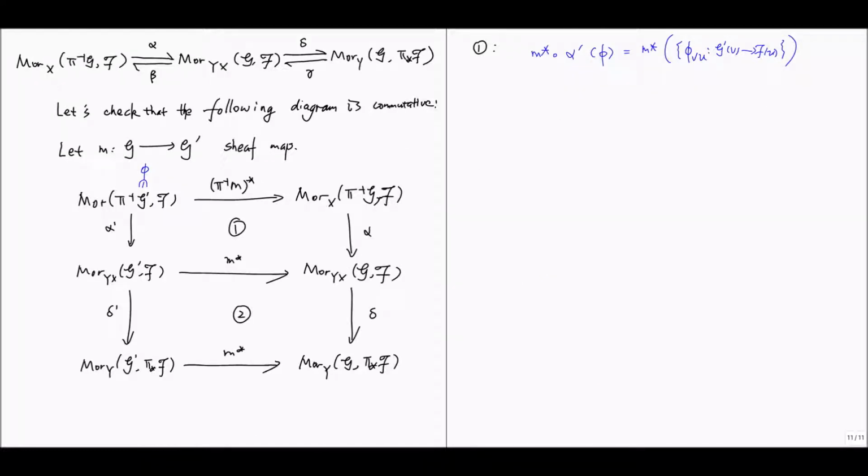For simplicity, let's just write psi sub vu from G prime V to F of U. And the M star of this is the composition on the right.